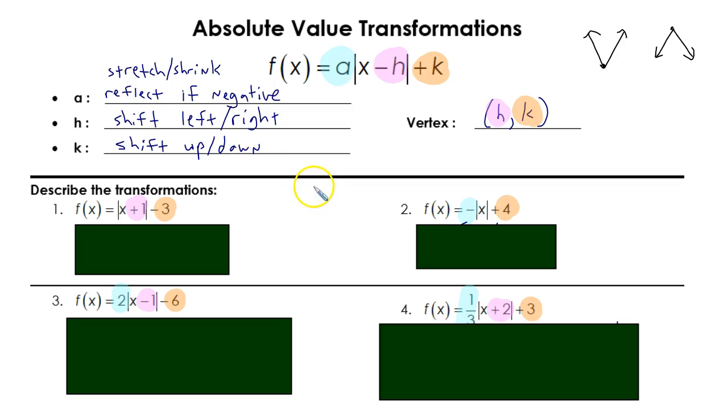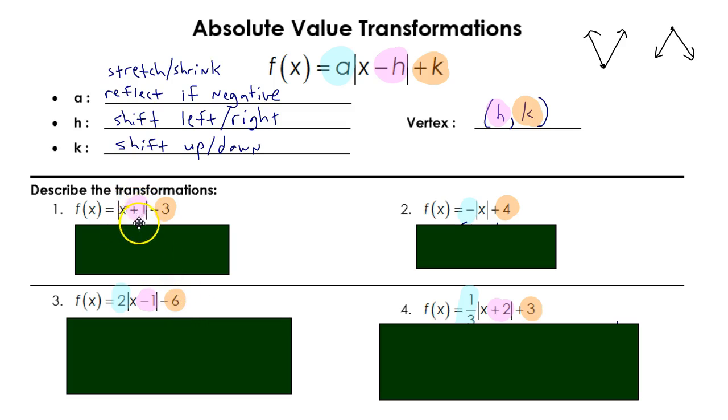So let's look at a few examples where all we have is the function notation and see if we can identify the transformations that are present. First, we have f of x equals the absolute value of x plus 1, minus 3.